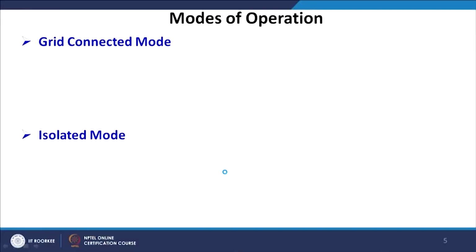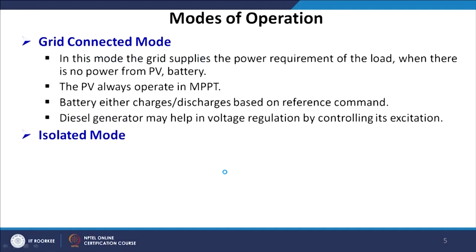Now, there are two modes of operation, as we all know. One is grid connected mode and the other one is isolated mode. In grid connected mode, the grid supplies the power requirement of the load where there is no power from PV and battery. The load is always taken care of by the grid, even if there is no battery or no PV.